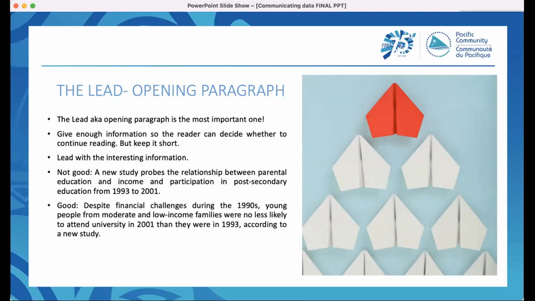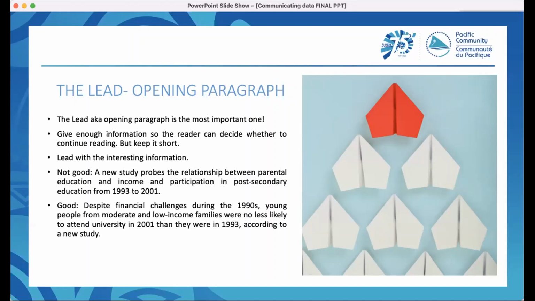Keep it short, as always, but use this first paragraph to present your new or interesting information. I've just popped a couple of examples here on the slide. One is a relatively poor example and the other is a relatively good one.